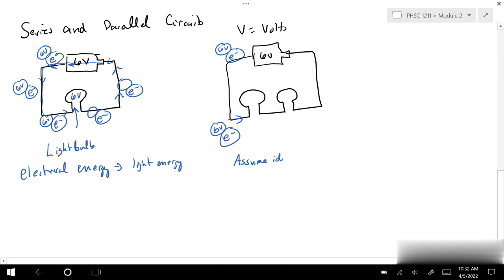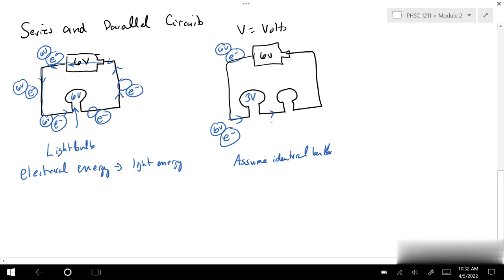And we're going to assume these are identical. Again, if we want to do more complex circuits, we'll do those in 2211 and 1112, or I may post some videos so you can study that if you're interested in looking at more complex circuits.